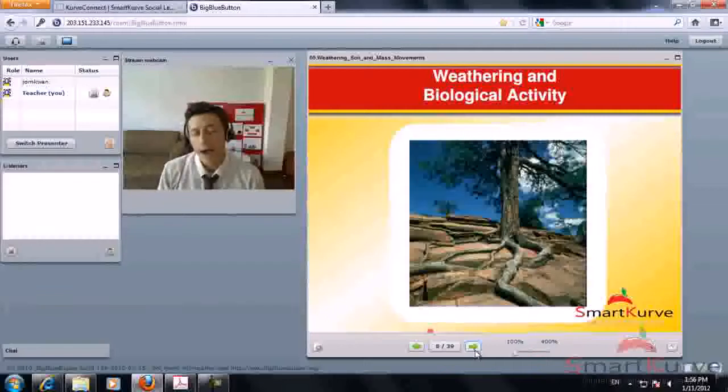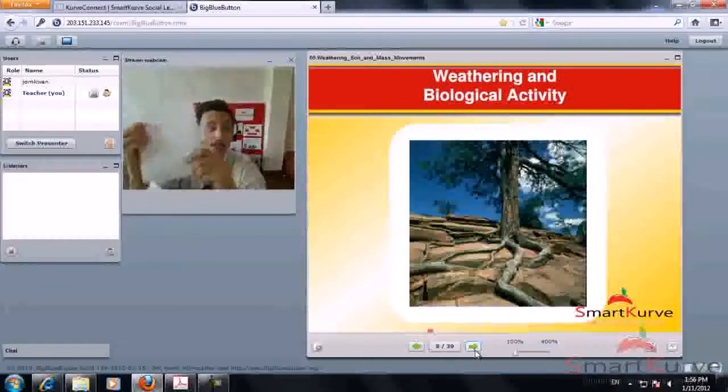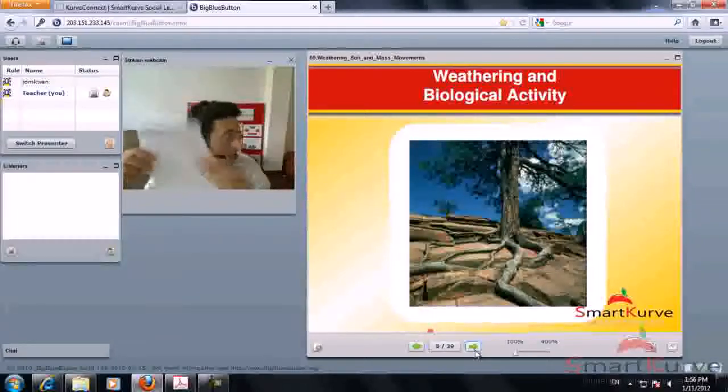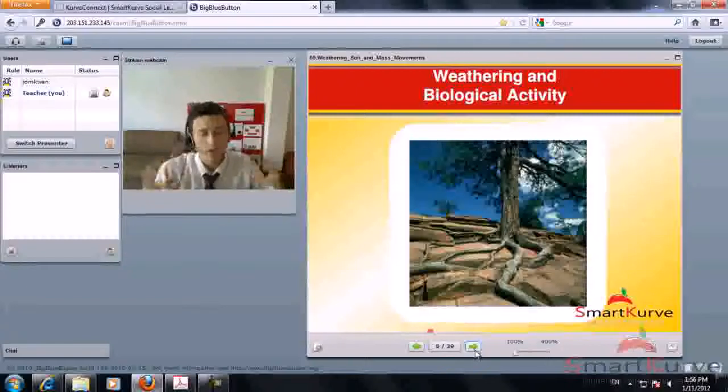You can just imagine how, as that tree grows, the roots will push that rock apart, just like the wedge that we looked at a few slides ago. Here, instead of water acting like a wedge, it's the root that acts like a wedge, that grows and pushes that rock apart.